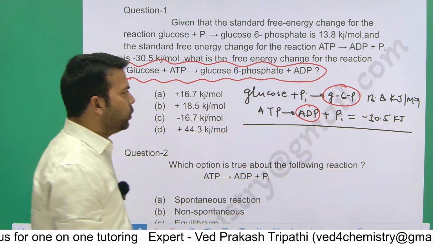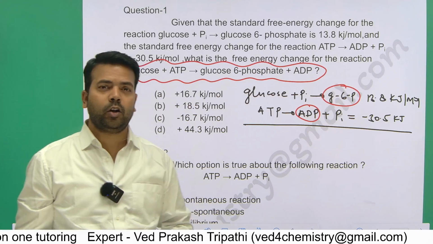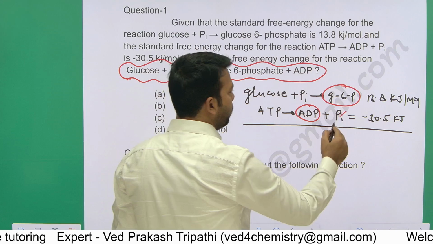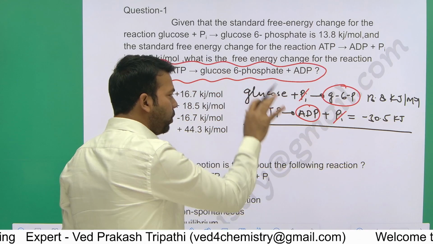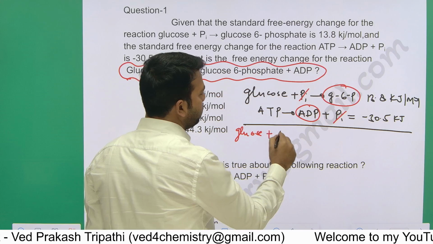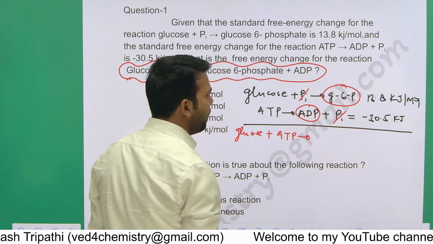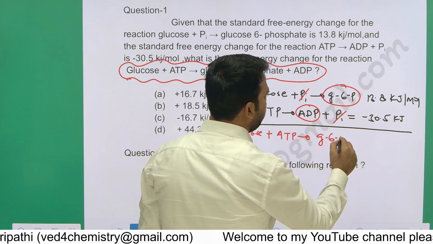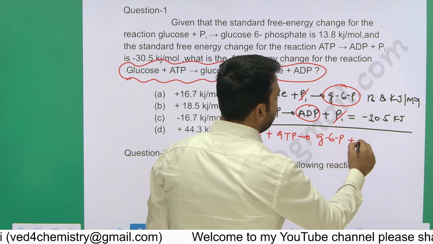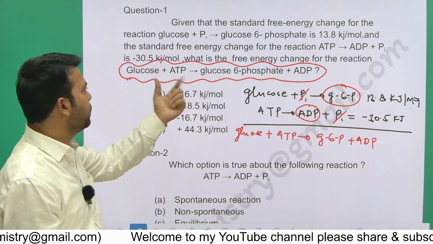If anything is the same on the reactant and product side, we can cancel it out. So this is going to be cancelled here, and now if we add, we can say glucose plus ATP gives glucose 6-phosphate plus ADP. Clear? And now you can match your final equation.